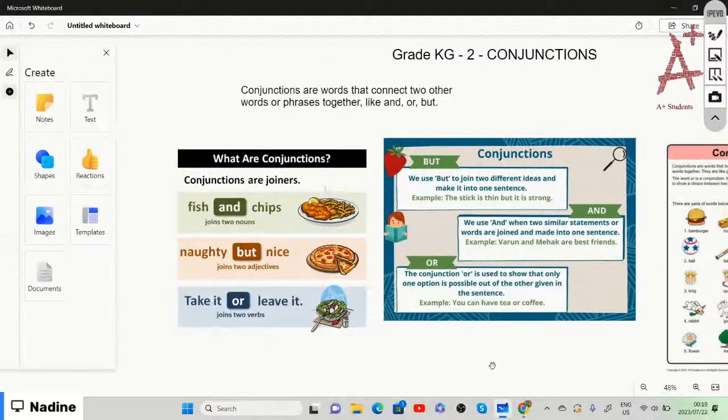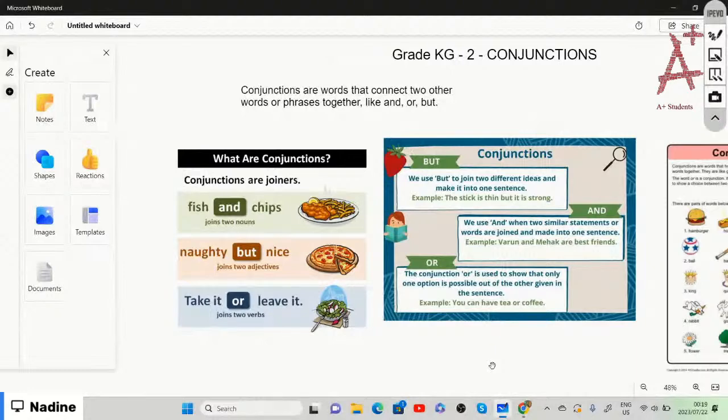For example, and. We use and when two similar statements or words are joined and made into one sentence. For example, Varun and Miak are best friends.